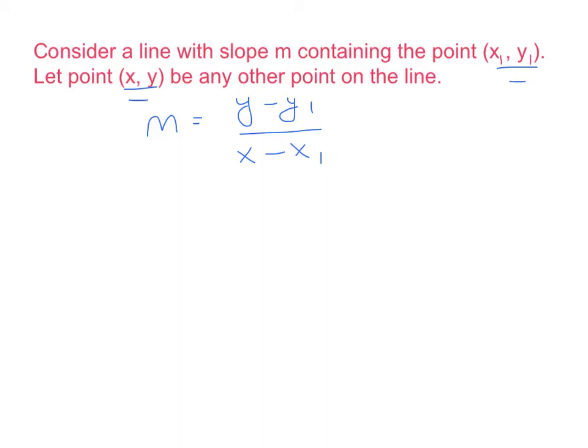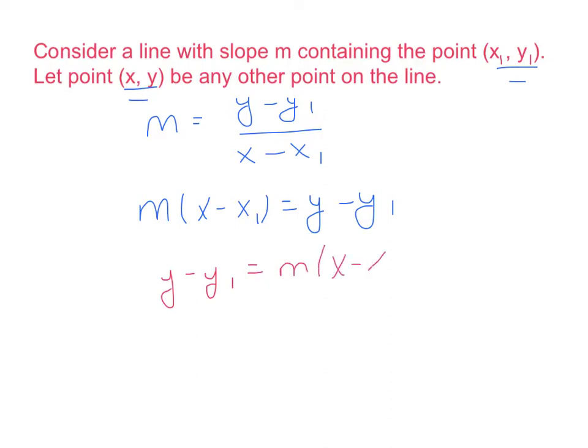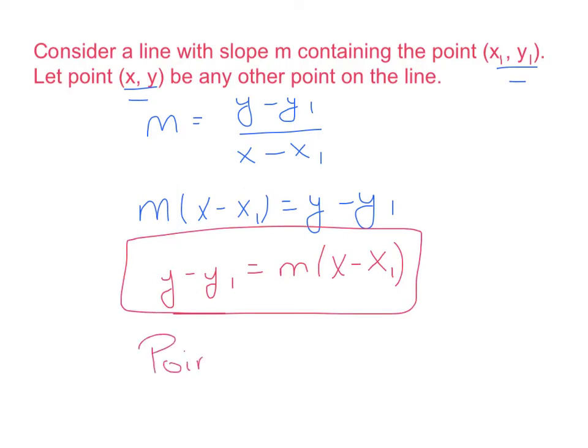Well, if we were to get rid of this fraction, if we multiply both sides by x minus x1, we'd have m times x minus x1 equals y minus y1. That's just coming from the multiplication property. And if we turn this around and write it as y minus y1 equals m times x minus x1, then this form here is what we call point slope.